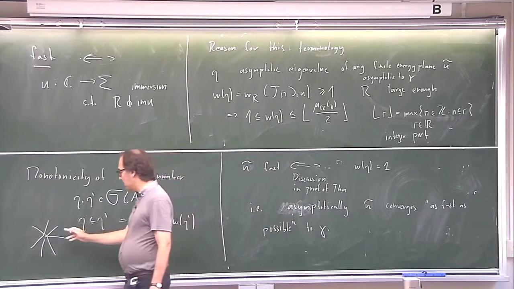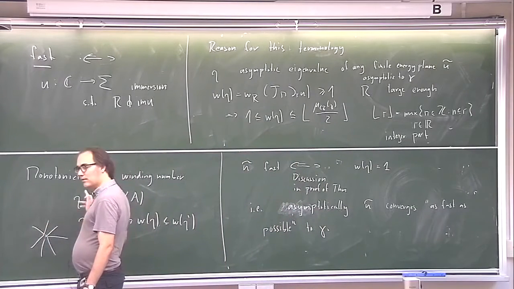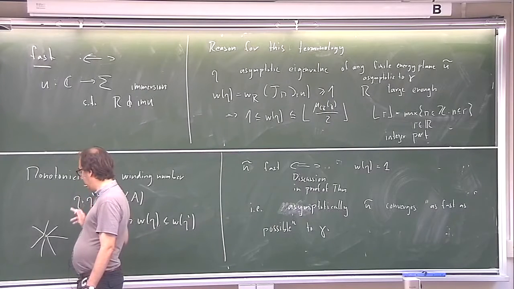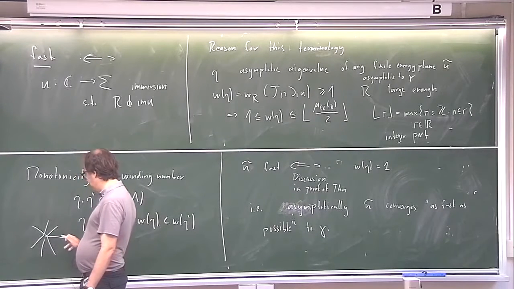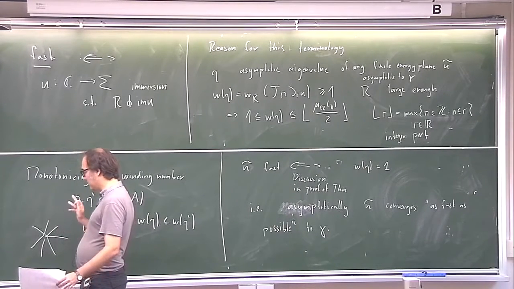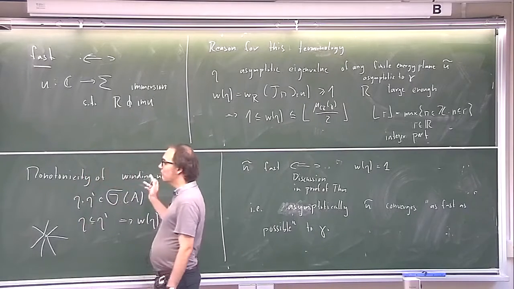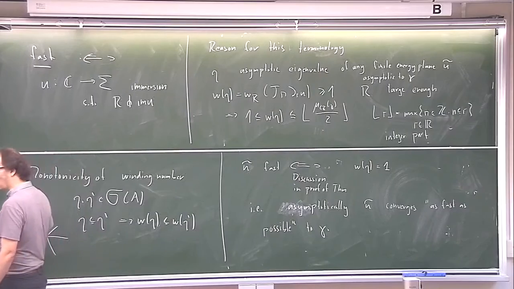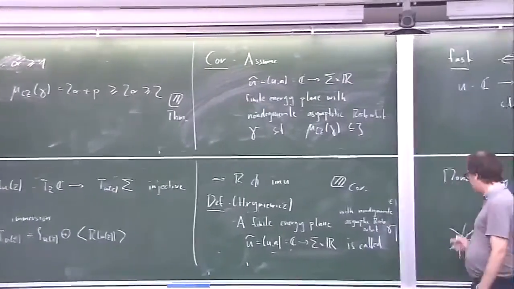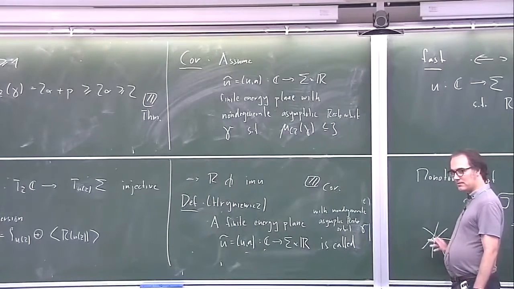If the Conley-Zehnder index of gamma is bigger or equal 3, then this, modulo gauge, is always a one-dimensional manifold. So that was his insight: in order to find a global surface of section, you don't look at the whole moduli space of all finite energy planes, but just at the subspace of fast ones.